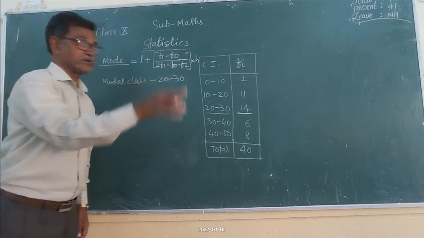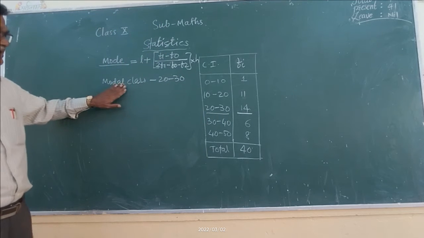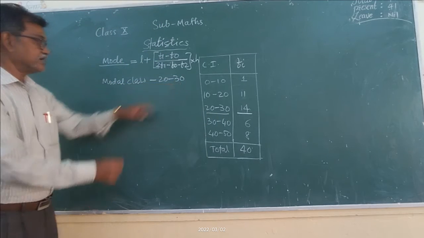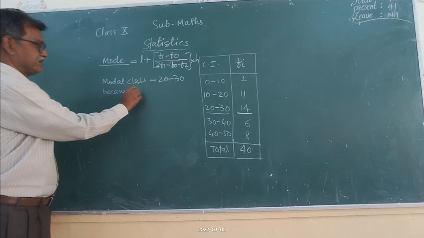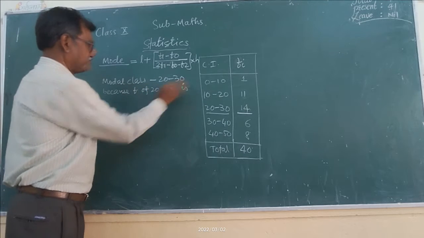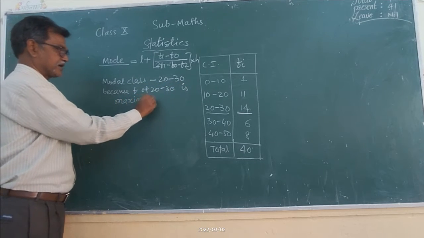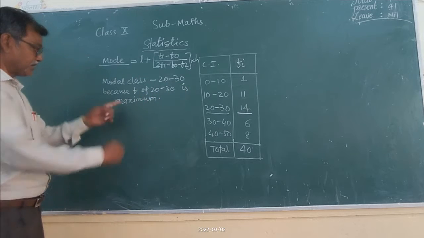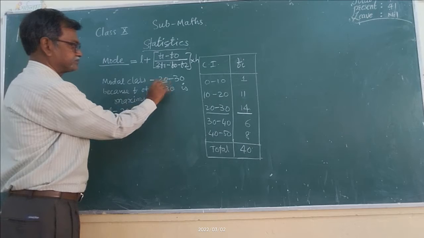So whenever you write the answer, first you write the modal class. Why is it? Because the frequency of 20 to 30 is maximum, the highest, you can write. And therefore L is equal to 20.